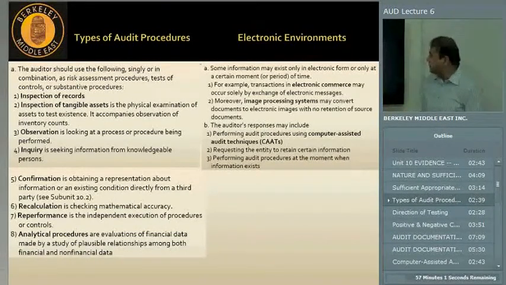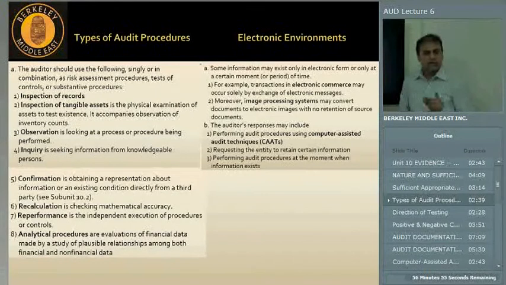These are practically used. Now, when you are using electronic devices and you are in a more IT environment, surely documents are not placed in a traditional way, where you have a voucher and then supporting documents. Then the system auditor will be more helpful in that situation.